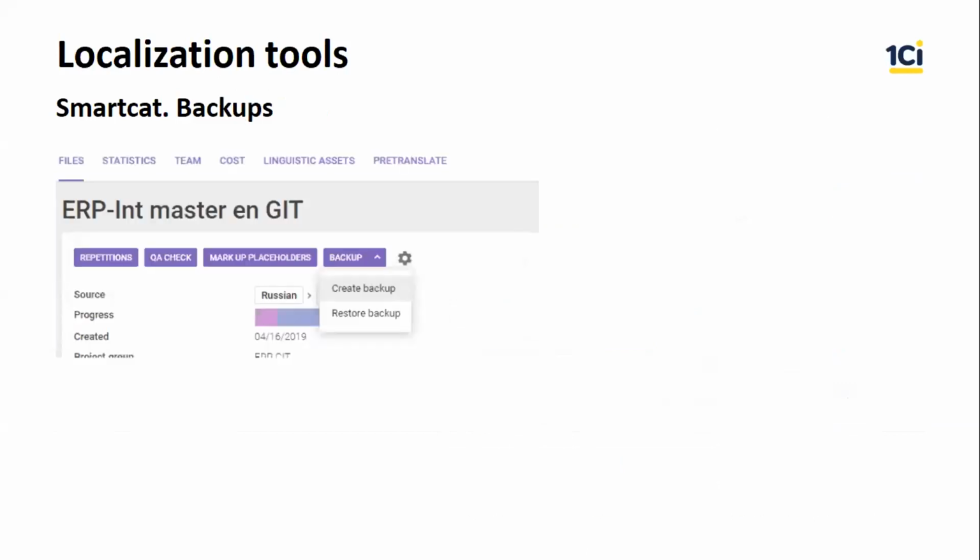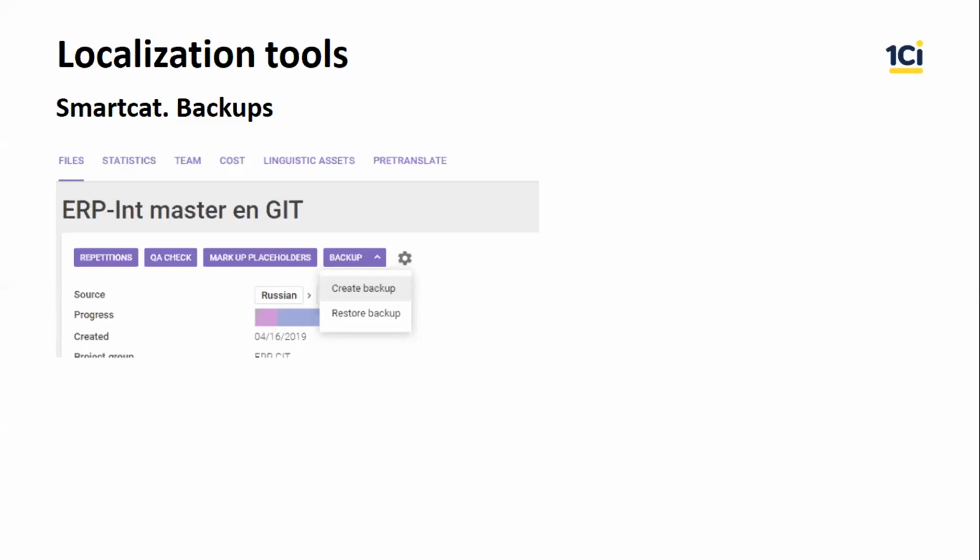To avoid data loss, we recommend that you back up your projects in the following cases. On a regular basis, for example, once a week, before you update the source files in the project, or after all the translations and editing activities in the project are completed.